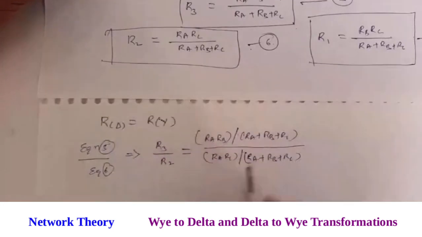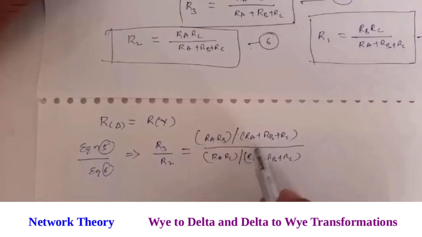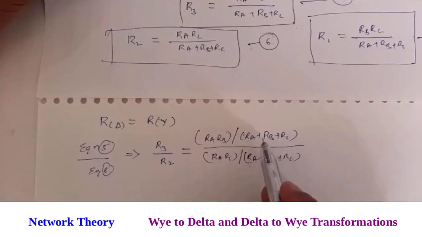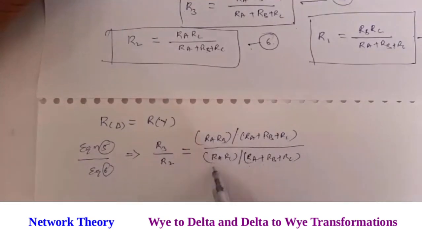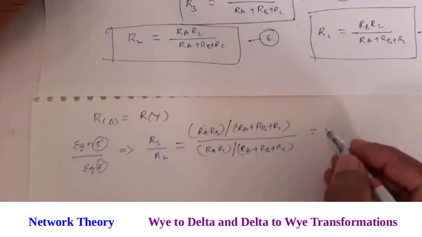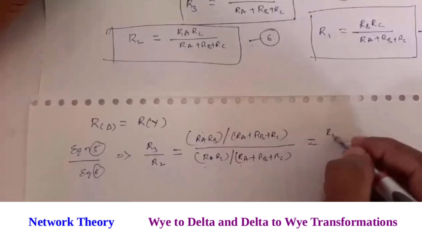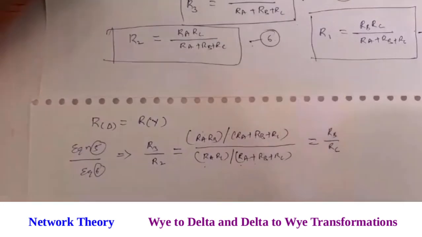And if you see, RA, RB, RC, RA, RB, RC both will get cancelled. And here you have RA, even these two will get cancelled. What you get is RB by RC, right?